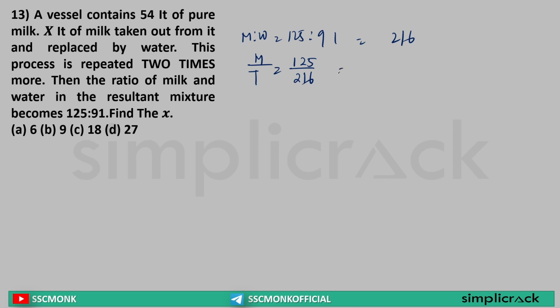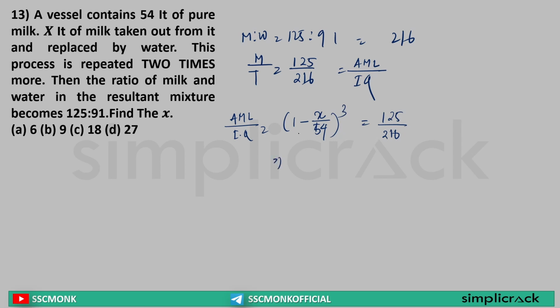Sir, this can also be written as amount of milk left divided by initial quantity, because the initial quantity will remain the same even after this replacement. Amount of milk left by initial quantity is equal to 1 minus whatever has been taken out, x by the initial quantity 54, to the power 3, that is equal to 125 by 216.